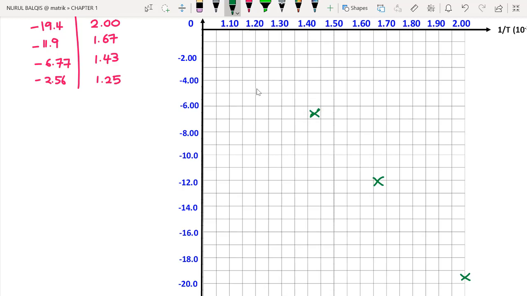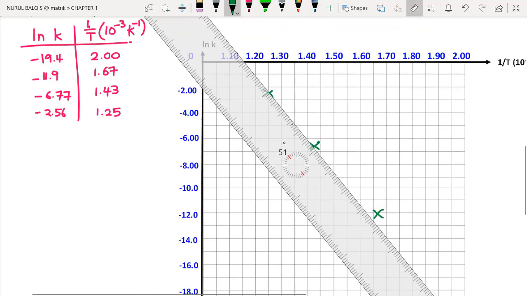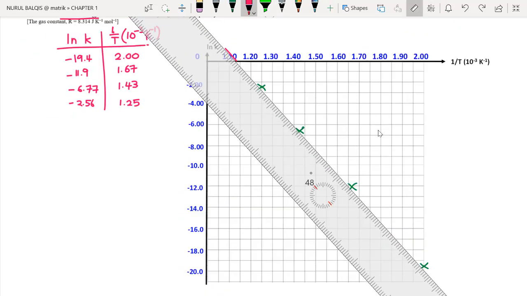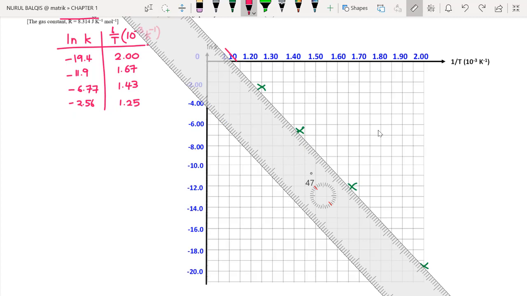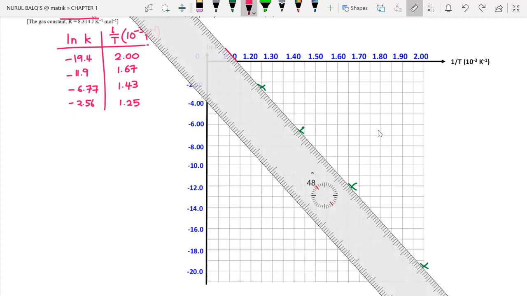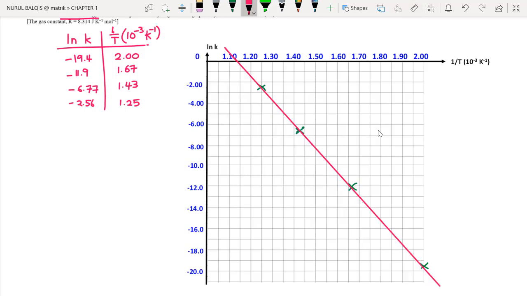And lastly, we have negative 2.56 and 1.25. If we take a ruler, then we're going to get a straight line here. Alright, so this is our straight line. Most of the points are on the line.